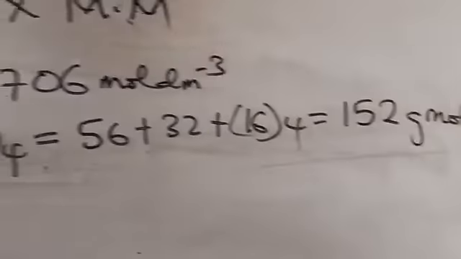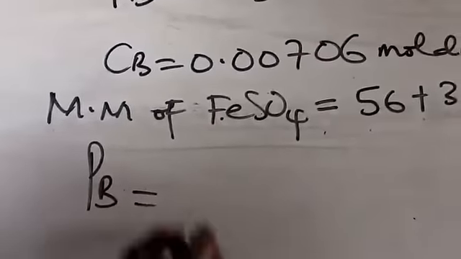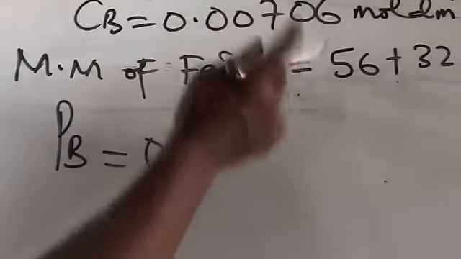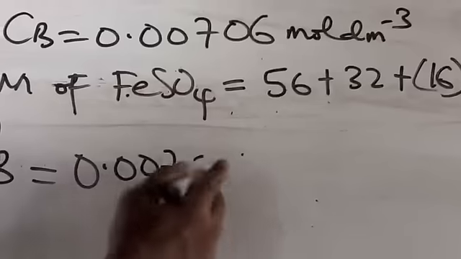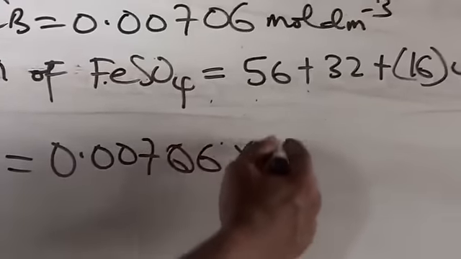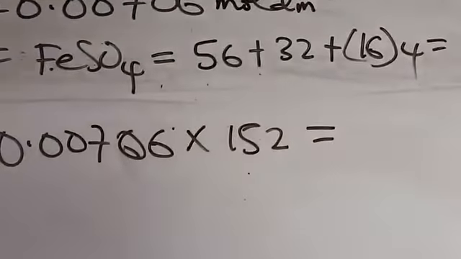So having done that, now find your rho B, making substitution in this formula: 0.00706 times 152. And that becomes the concentration of B in gram per dm cube.